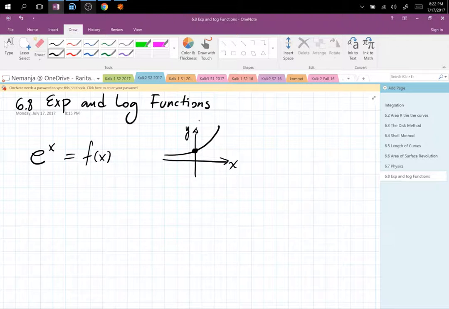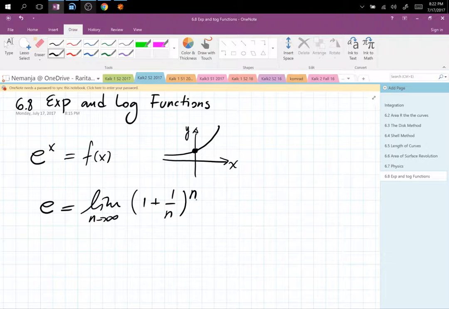What still might not be clear, and it should be from Calc 1, is the definition of the number e, which was the limit as n goes to infinity of (1 + 1/n) to the n. And if I want to create a function out of this, then I will have to have nx as the exponent.